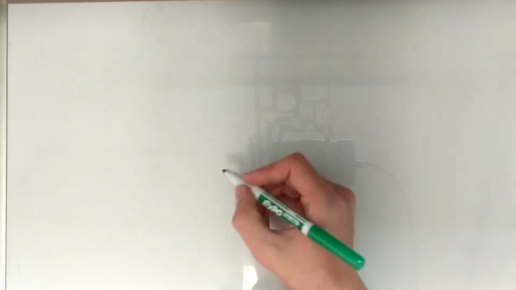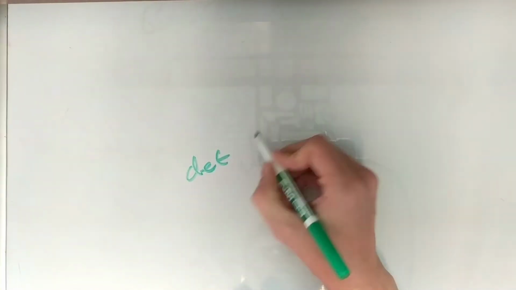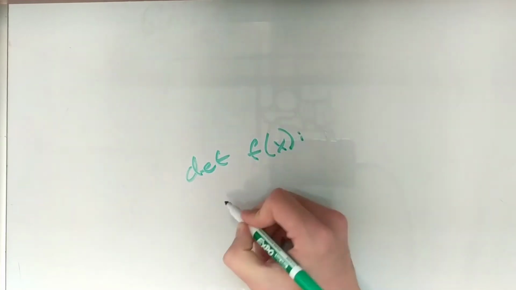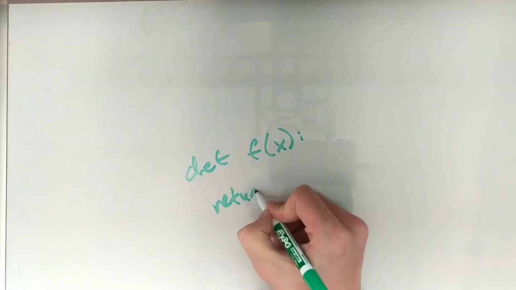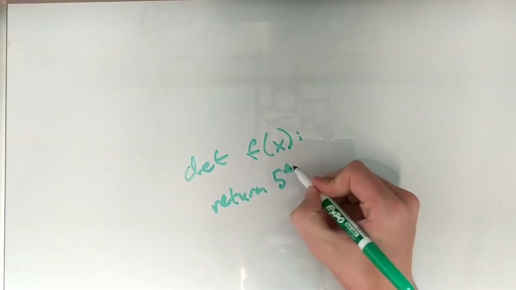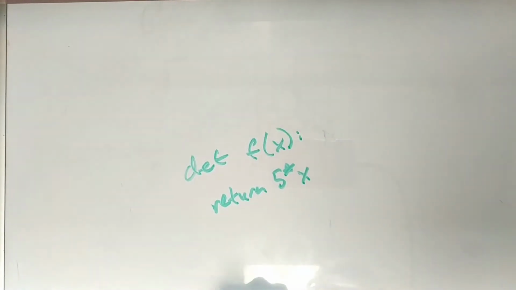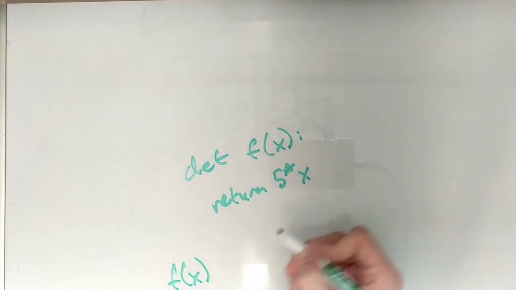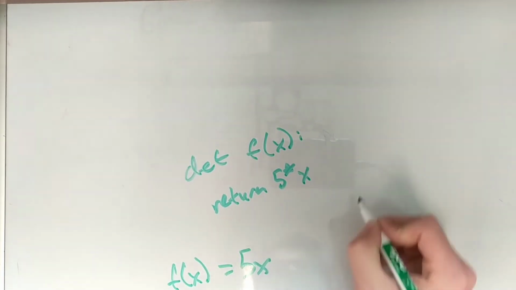For problem 2, getting into functions, I want to do a brief analogy really quick to help demonstrate this. Let's make a function called just f. It'll take some input x, and it's going to return 5 times x. In regular math, we would write this simply as f of x equals 5x.